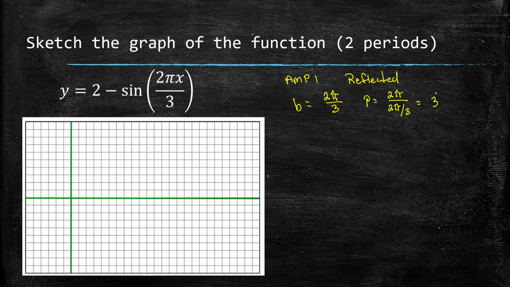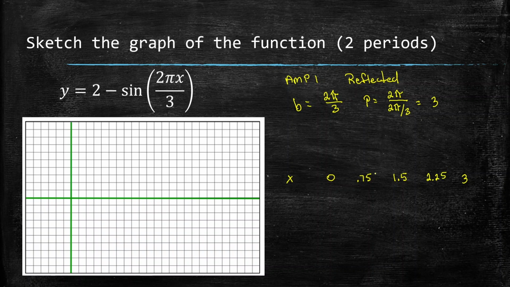I'm going to take 3 and divide that into 4 sections. So if I start here with my X value of 0, my final value is going to be 3. That's my period. So I break that period up into 4. Half would be 1.5, and then 0.75 here, and 2.25 over here.